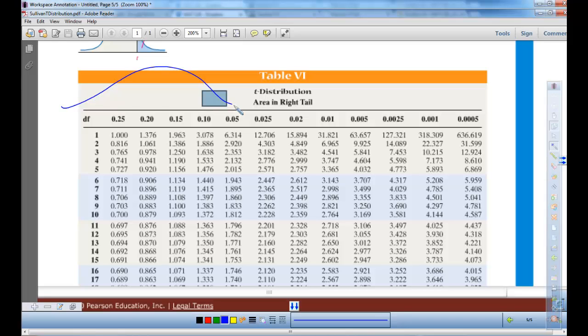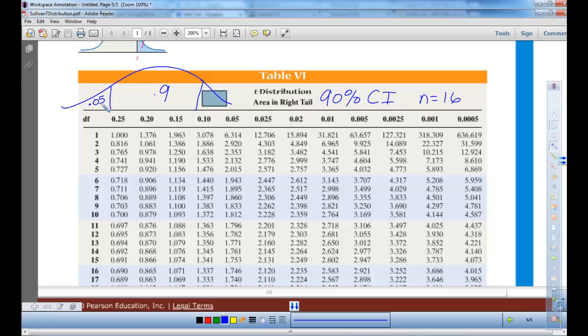And let's say we're interested in a 90% confidence interval. All right. Then if I've got a 90% confidence interval, which is here in the middle, then how much area do I have in the tails? 0.05, okay?